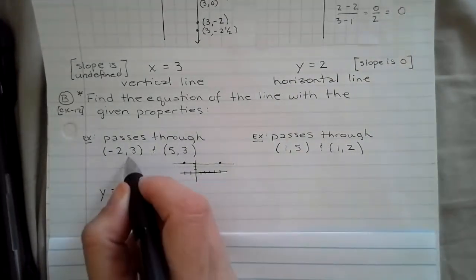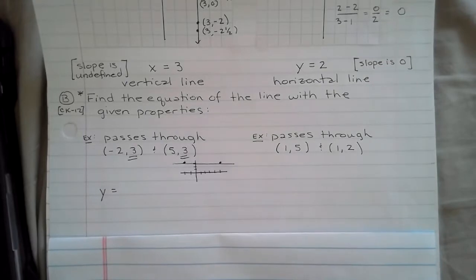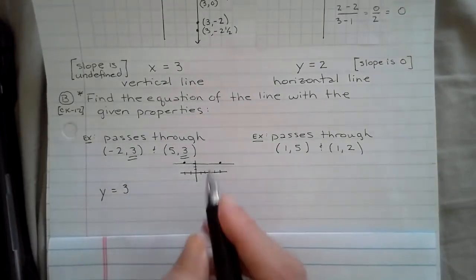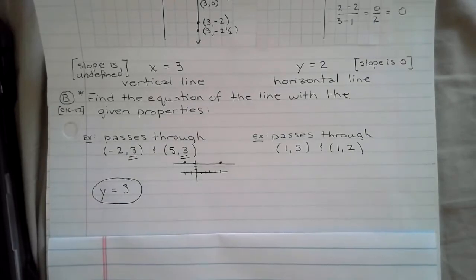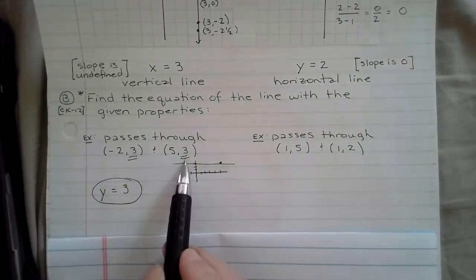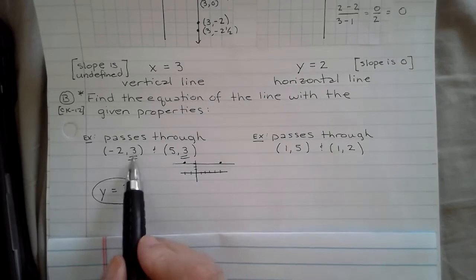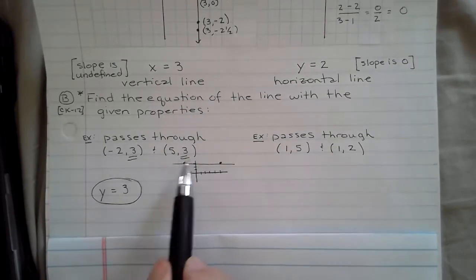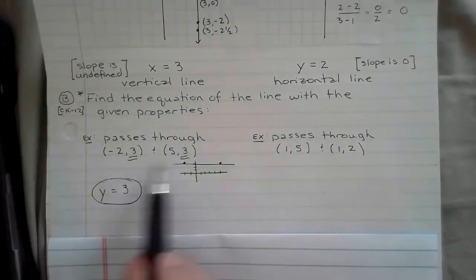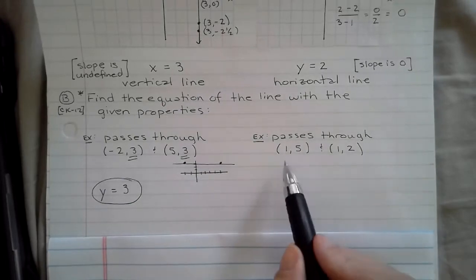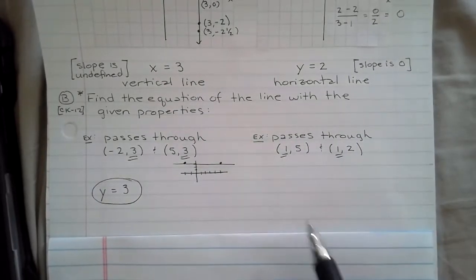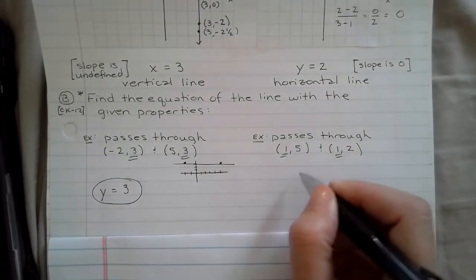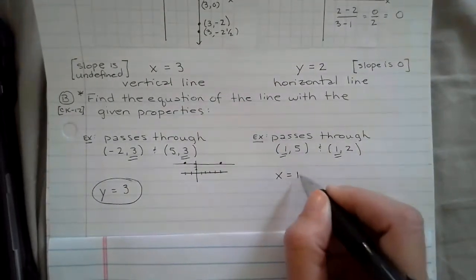And so you would say, oh, look, the y values are the same. This is the line where every y value is 3. Some of you might have noticed that the y values were the same and just said, it must be y is 3 because y is always 3, whereas the x was changing. So the quick way over here would be like, oh yeah, the x's don't change, the y's do. The x's don't change, so this must be the line x is 1.